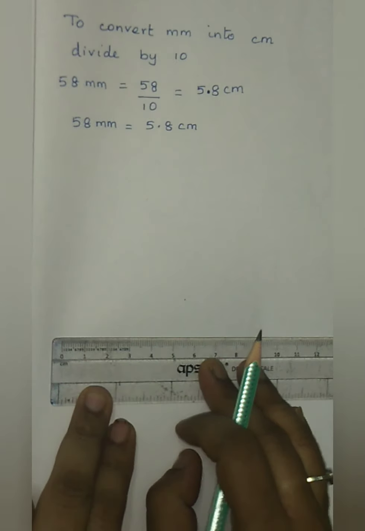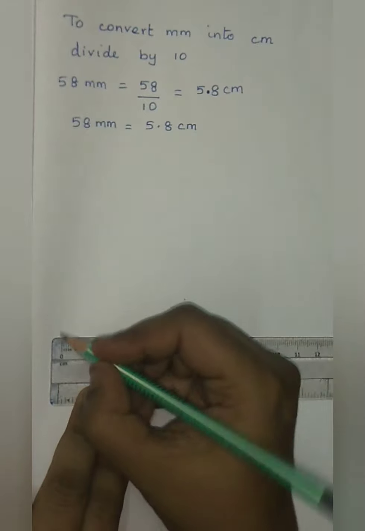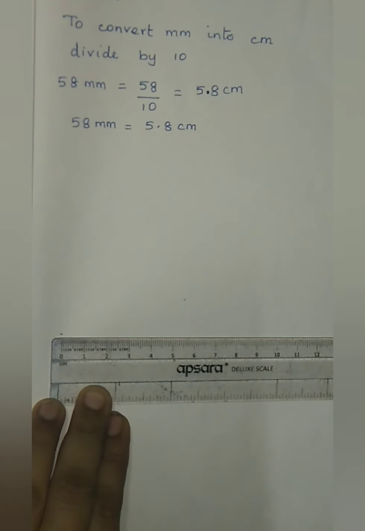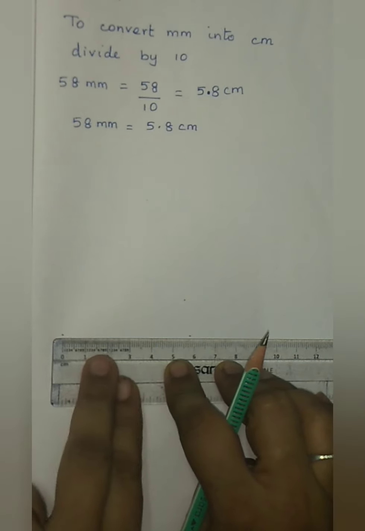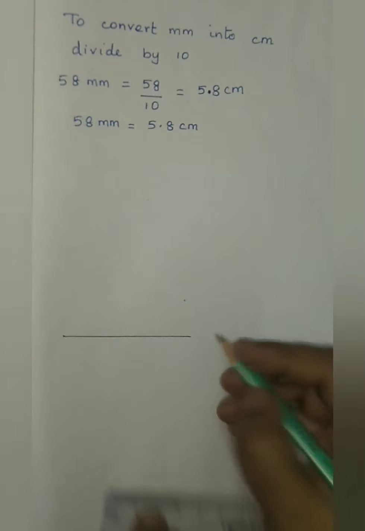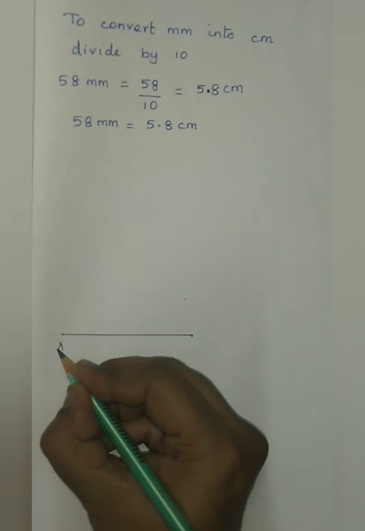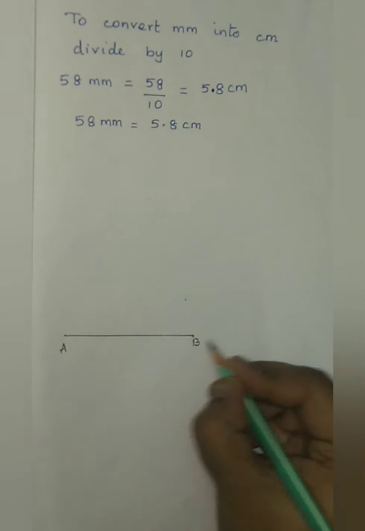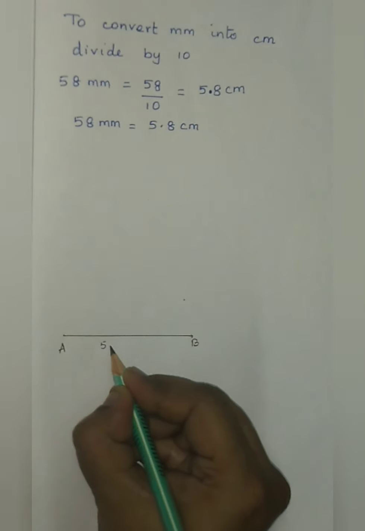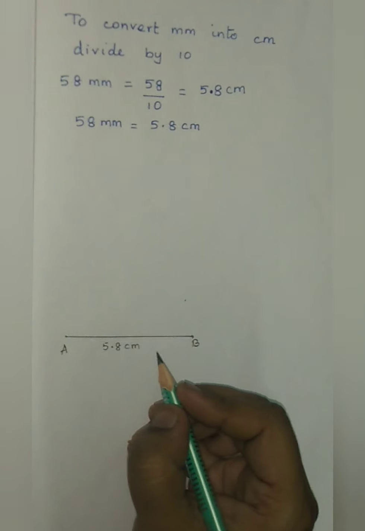Now draw a line segment of 5.8 centimeter. Now name the end points as A and B. Write the measurement below this line segment, that is 5.8 centimeter.